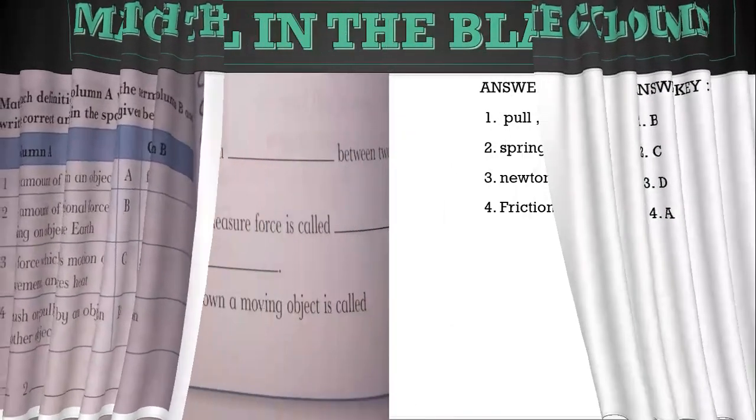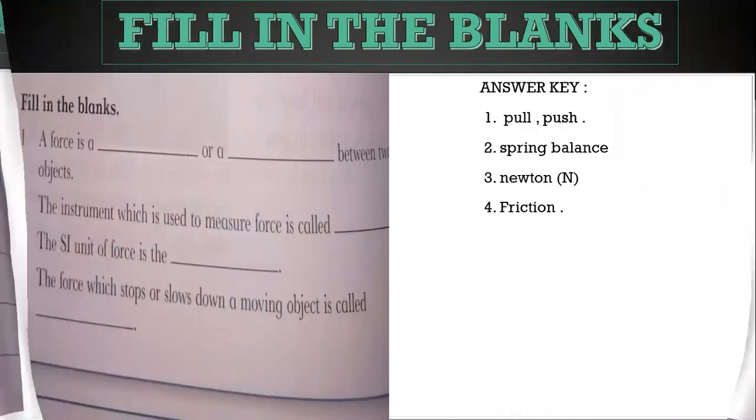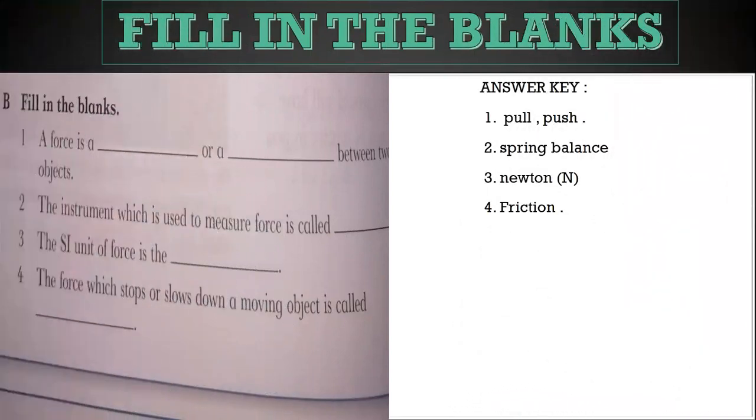Fill in the blanks. A force is a pull or a push between two objects. Number 2, the instrument which is used to measure force is called a spring balance. Number 3, the SI unit of force is the Newton.